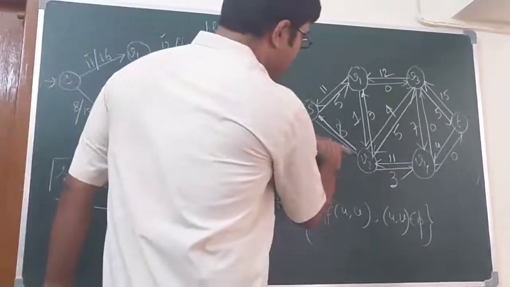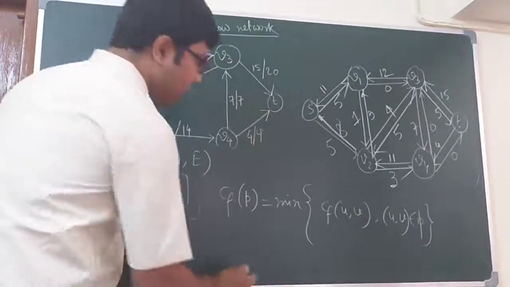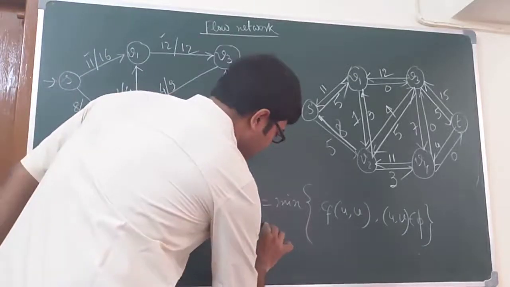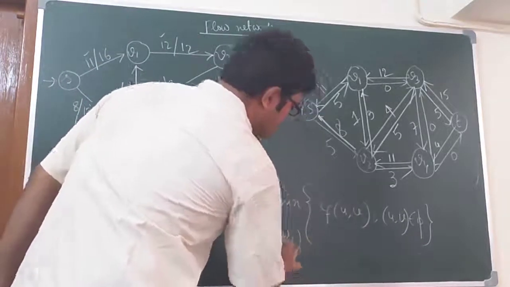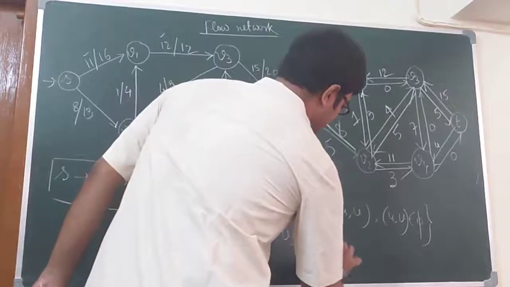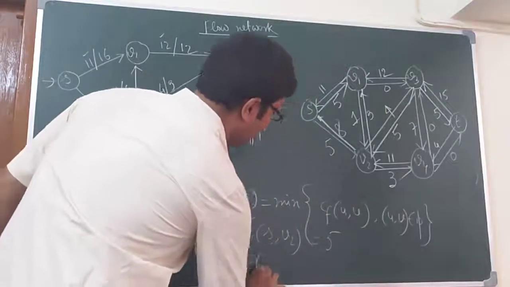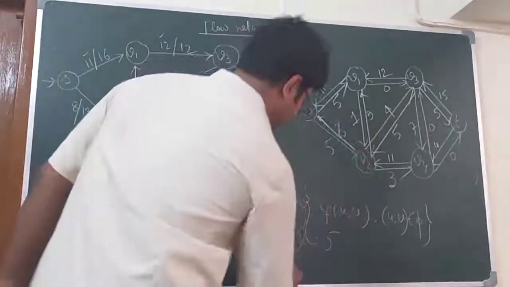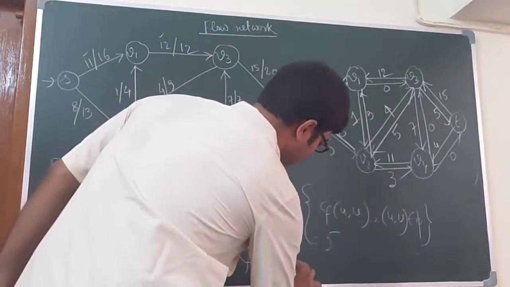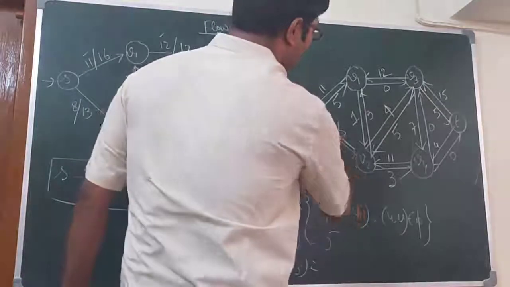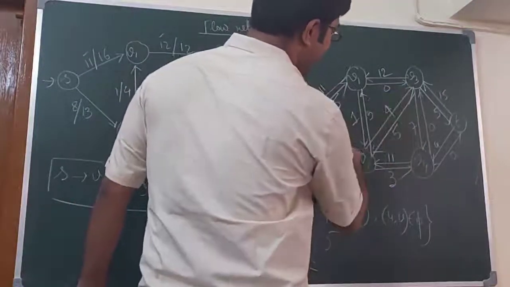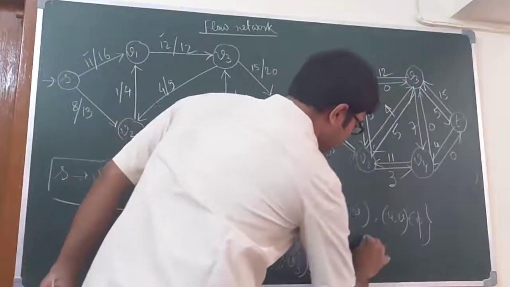Here from S to V2, the residual increase is 5. For c_f of V2 to V3, we are choosing the forward direction, so the amount is 4.